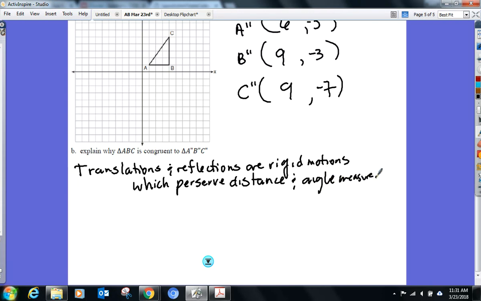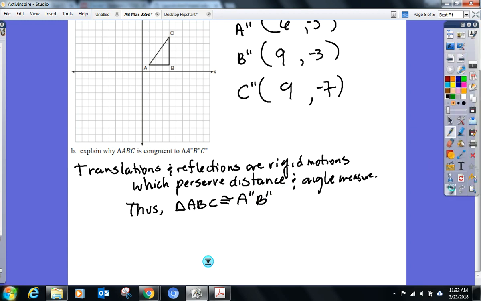And then you get to pick here. What do you want? Thus, triangle ABC is congruent to triangle A double prime, B double prime, C double prime. How about I write the triangle symbol in there?